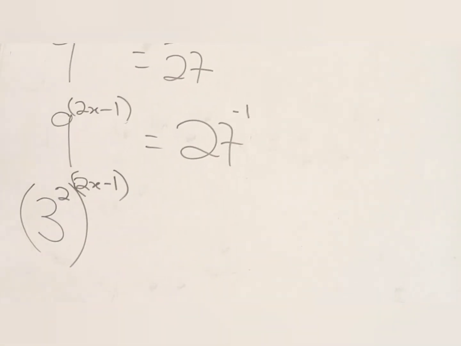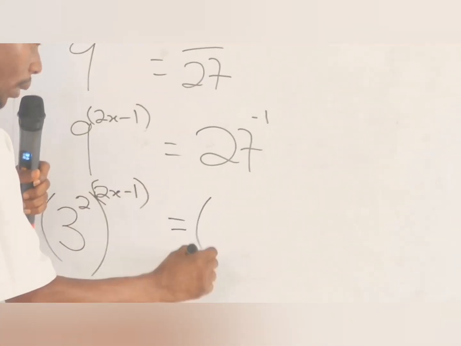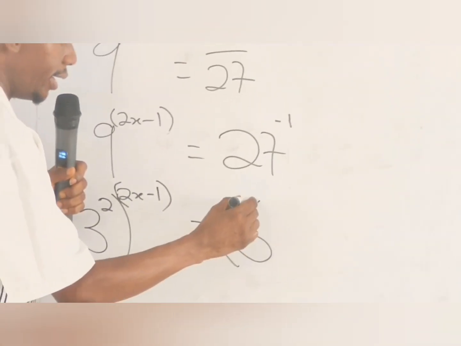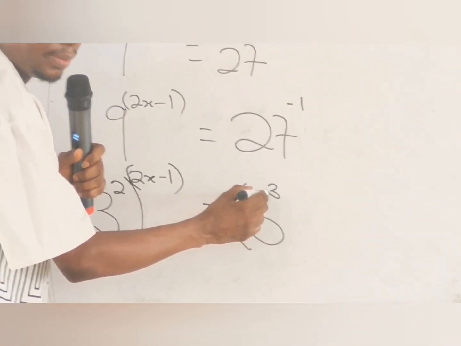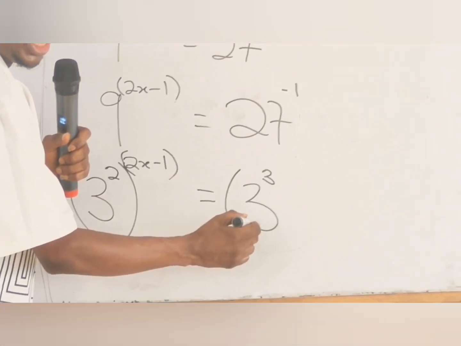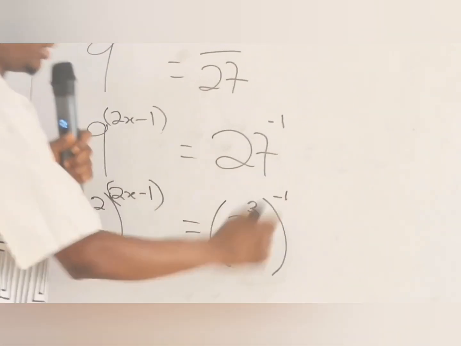Can you see? So do it this way. First, go to the 27. 27 alone is 3 to the power 3. Is it not true? 27 alone is 3 to the power 3, all to the power negative 1.